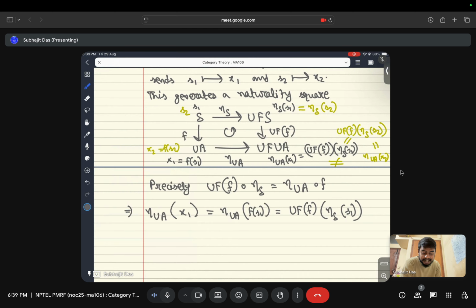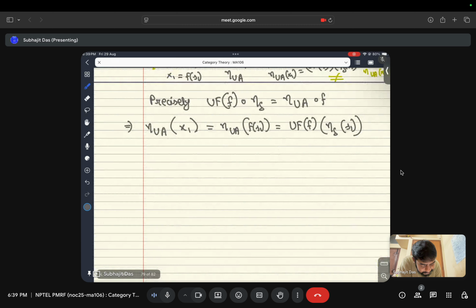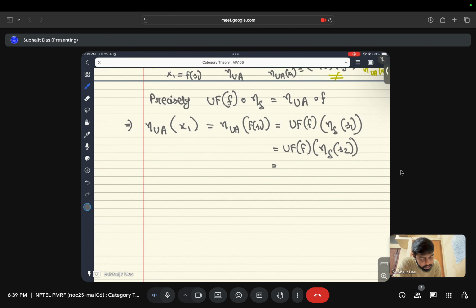Since eta S at S1 was assumed to be eta S at S2, this is exactly equal to UF of F of eta S at S2. This is equal to, again by the commutativity of the square, eta at UA of F of S2, which is eta at UA of x2. This is a contradiction.